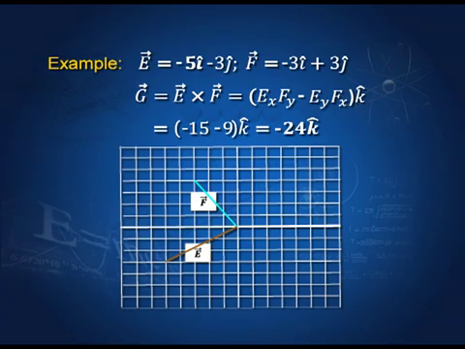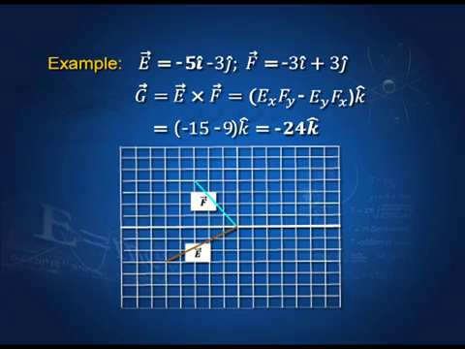Now, if we use the rules of multiplication of unit vectors as we have done earlier, then you would get vector G equal to vector E cross vector F, E x F y minus E y F x times k cap, and if you use the values of E x, E y, F x, F y, you should be able to get that vector G is equal to minus 24 times k cap.